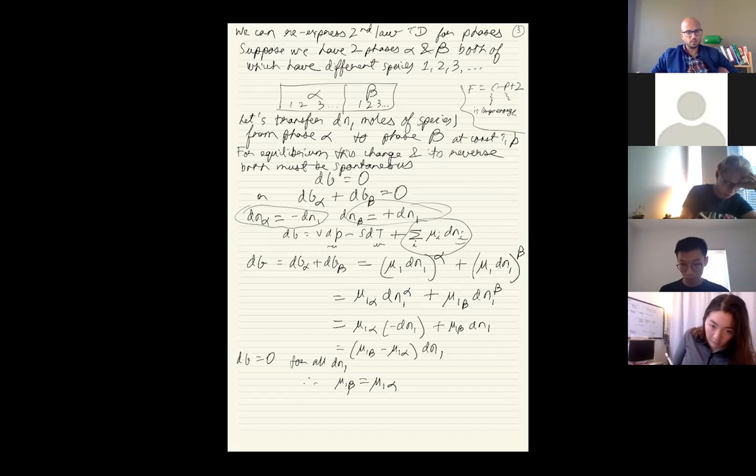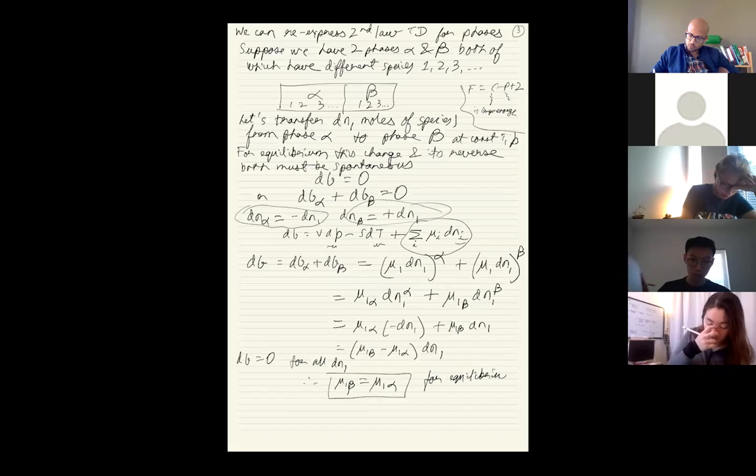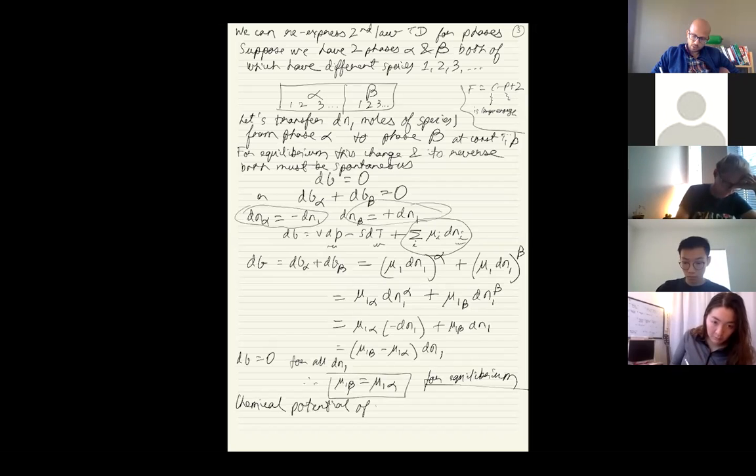Because there is nothing special about dn1, therefore mu1 beta is equal to mu1 alpha for equilibrium. In other words, we have just shown that the chemical potential of any species, we just showed it for species 1, but you could have done it for species 2, or species 3.